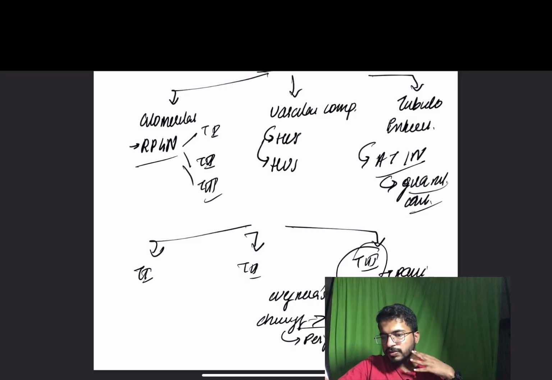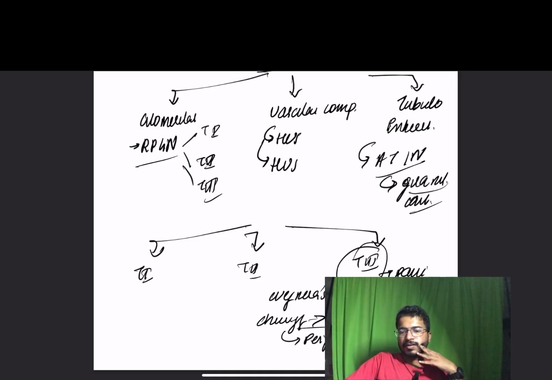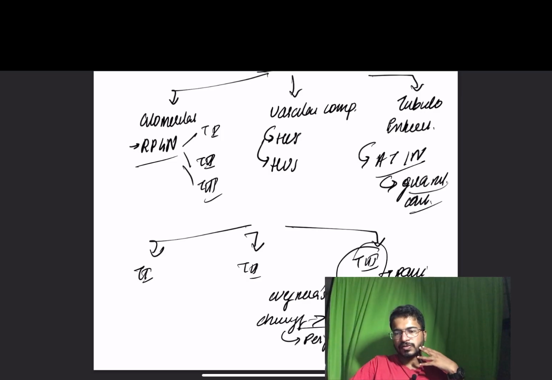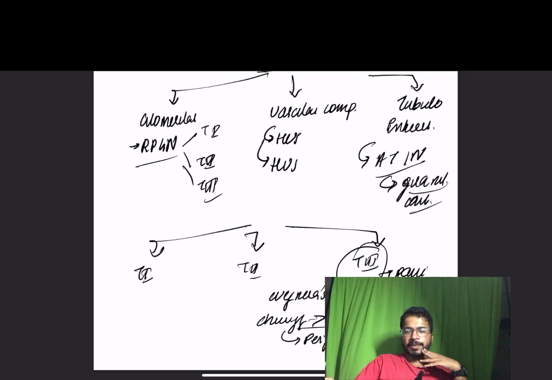Basically, small vessel vasculitides are most commonly associated with pauci-immune type 3 RPGN.